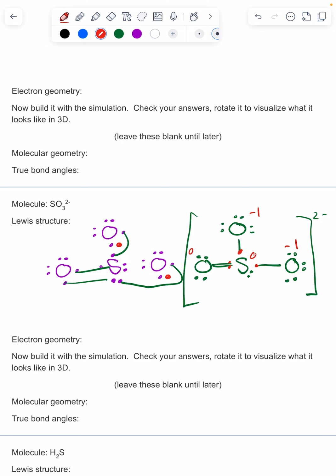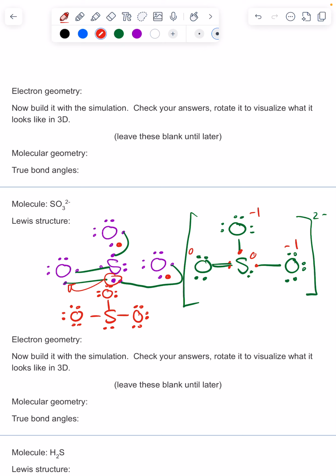I guarantee you, even if you Google this, you're going to see people drawing it like this. And what they did in that instance was they gave this electron to this oxygen in order to avoid making that double bond.